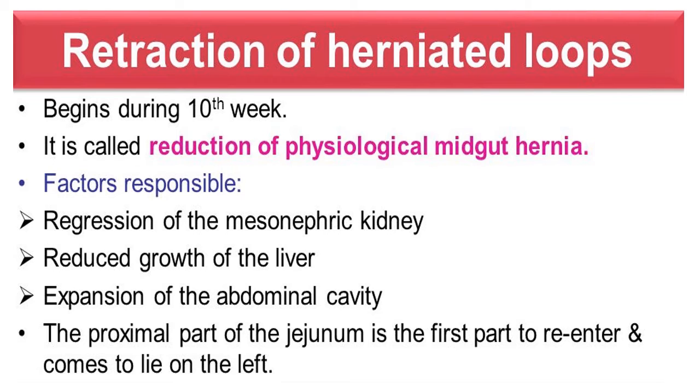So what are the factors responsible for retraction of herniated loops? You have seen many times that the physiological herniation occurs between the 6th and 10th week. The herniation starts at the 6th week, and the retraction of the herniated loop occurs at the 10th week of development. At the beginning of the 10th week, there is reduction of the physiological herniated loops.